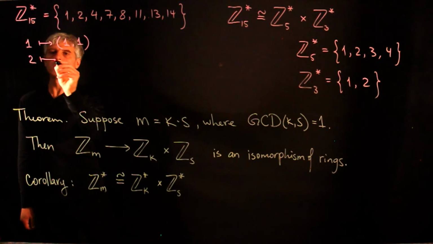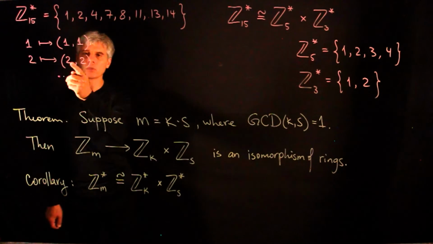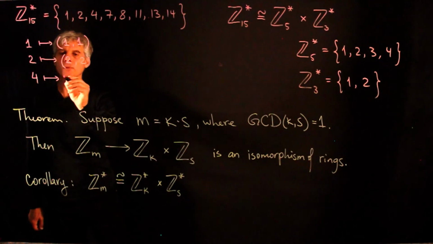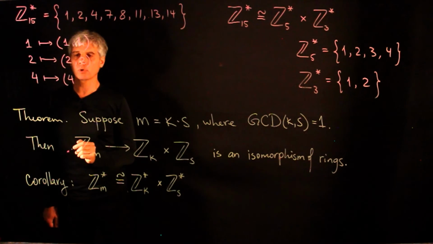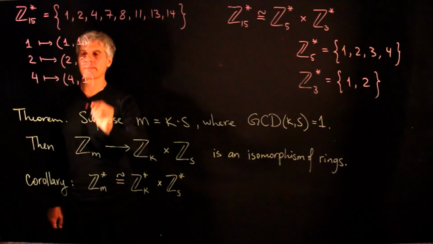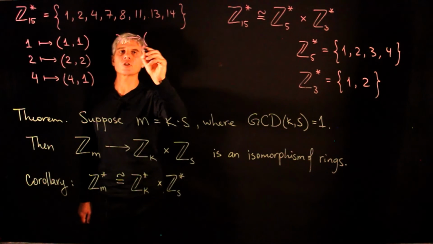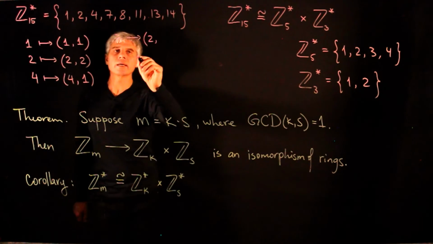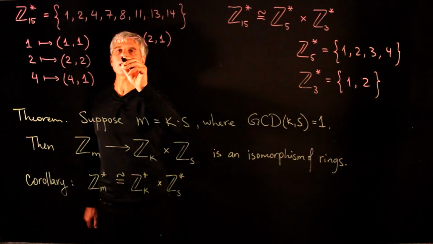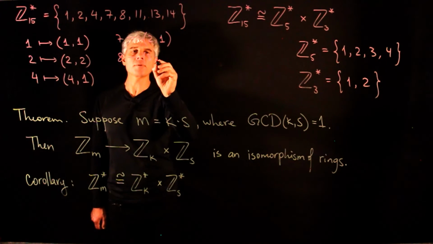Then 2 is sent to the pair 2, 2. 4 is sent to a pair where reduction mod 5 is still 4, but reduction mod 3 is 1. Then 7: reduction mod 5 gives us 2, and reduction mod 3 gives us 1. Then 8: reduction mod 5 is 3, reduction mod 3 is 2.